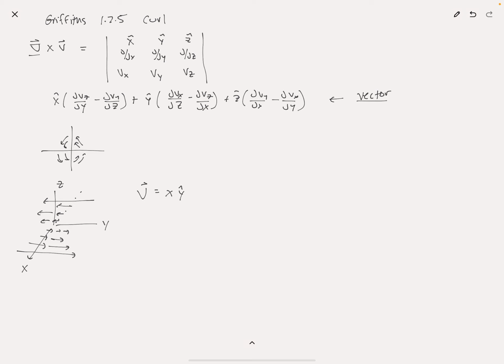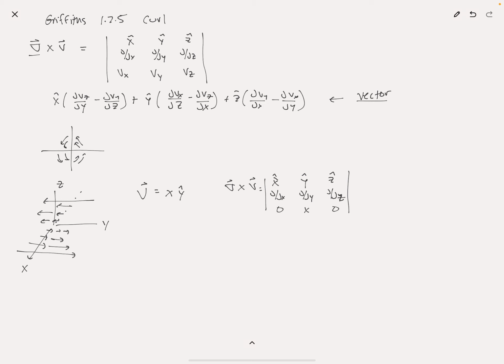Let's calculate the curl. The curl of that, I'll just write the determinant, del cross v: x hat, y hat, z hat, d/dx, d/dy, d/dz, and it's only in the y hat, it's x in the y hat.